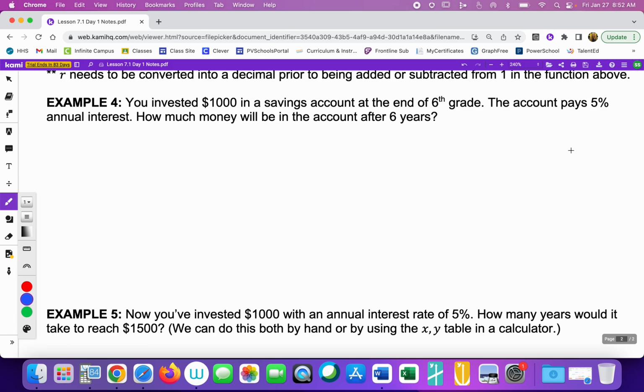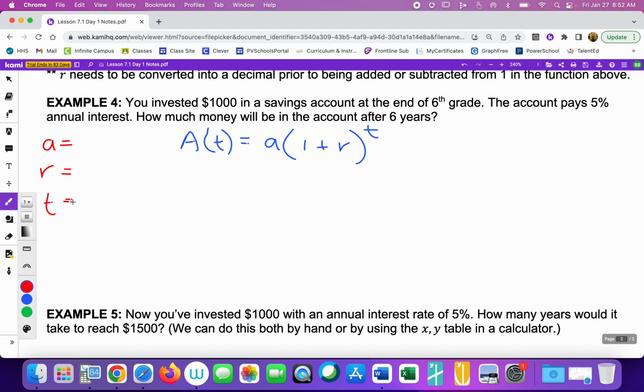Now would this be a growth or a decay? Growth. It's increasing. This is provided you don't touch it, obviously. So we still have that formula at the top. The capital A part is the ending amount. That's what we don't know. What I want you to do, if this comes up in your homework, is just list what these would be.